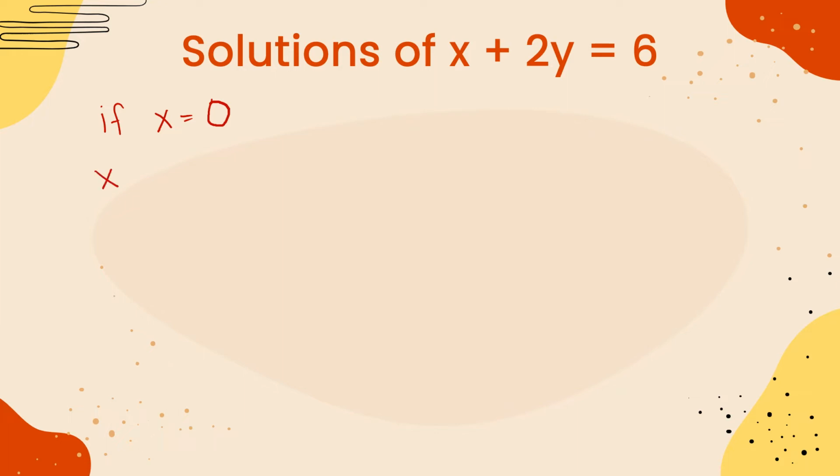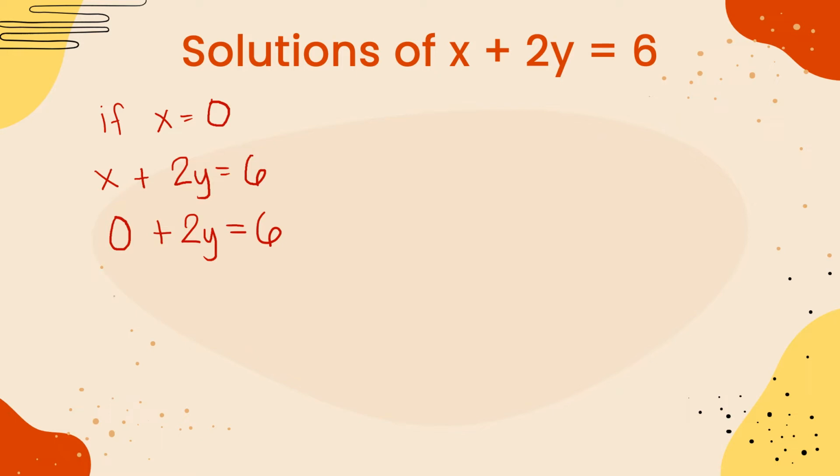And if we are going to determine the solution of the equation, since we already set the x-coordinate, i-evaluate lang natin yung equation based from the given or based from what values do we want for x or y. So since ang sinet natin ay x is equal to 0, we are going to substitute 0 to x. So this is 0 plus 2y is equal to 6.